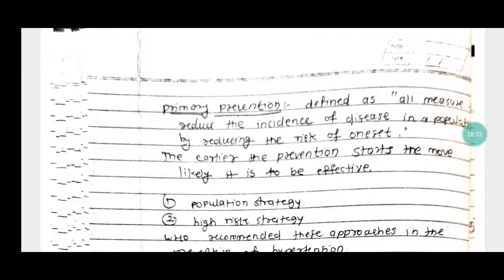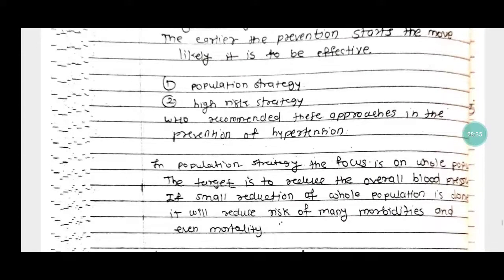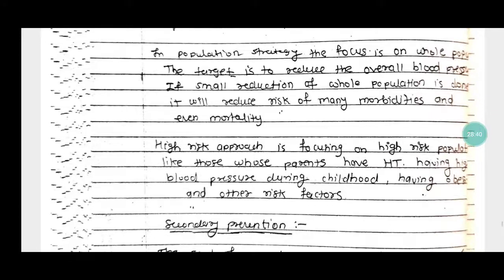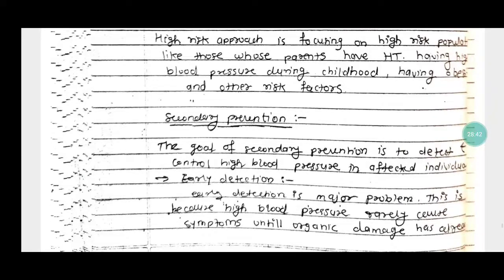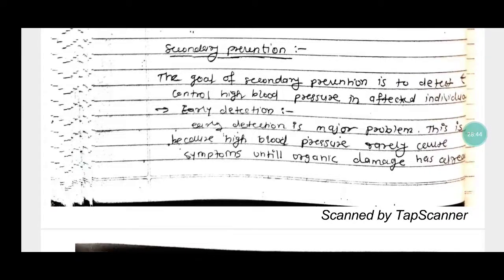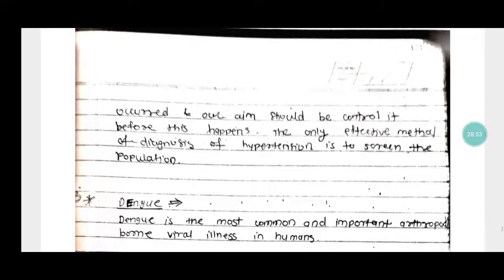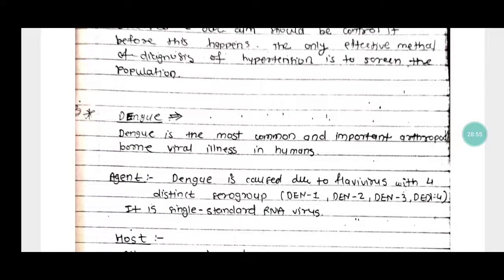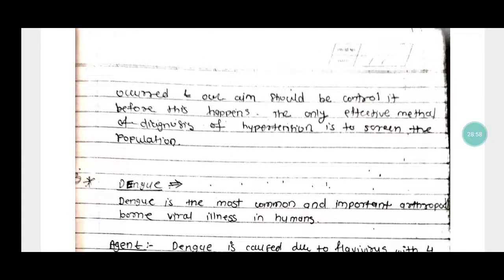Primary prevention is defined as all measures to reduce the incidence of disease in the population by reducing the onset of disease. The goal of secondary prevention is to detect and control high blood pressure in the affected individual. Early detection is one example. So these are the prevention and control of hypertension.